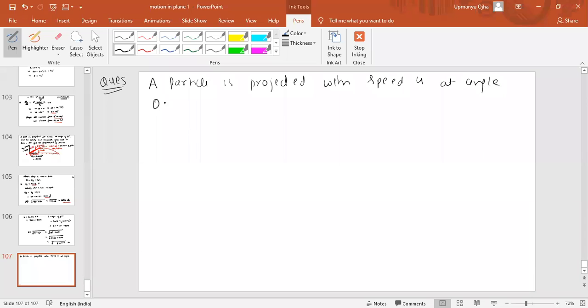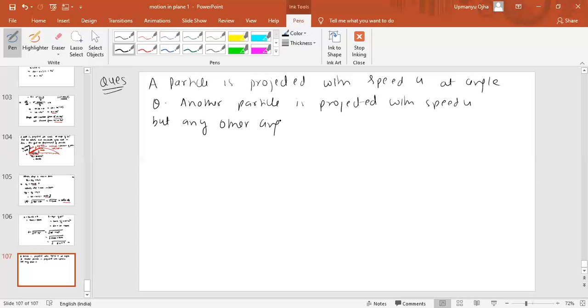Now another particle is projected with the same speed u, but at any other angle. Any other angle. Okay, it is not theta. They have projected it with any other angle.